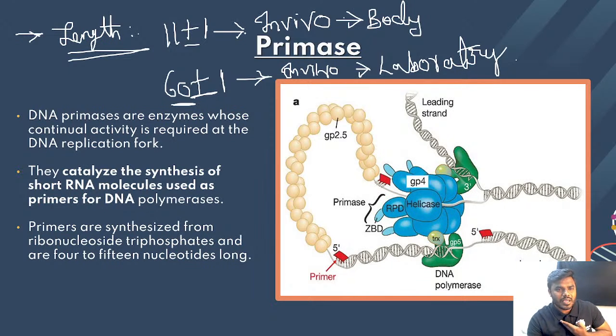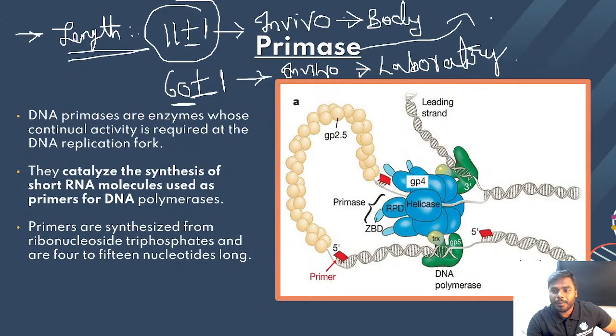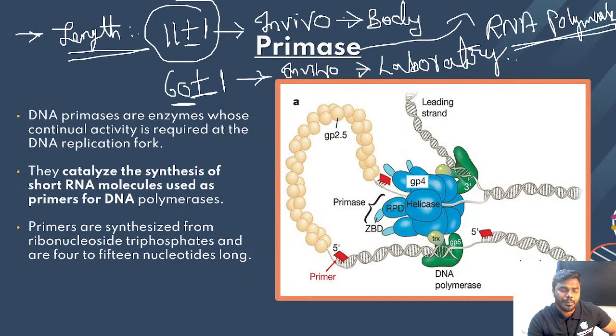But in our body, if the polymerase enzyme wants to work, it just requires 11 plus or minus 1. And the unique statement I want all of you to remember for the exam is this: primase is a kind of RNA polymerase enzyme. Please do not confuse, friends, and do not think that it's a DNA polymerase enzyme. That is absolutely wrong. It's a type of RNA polymerase.